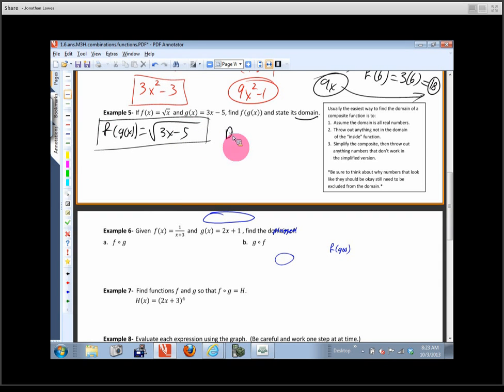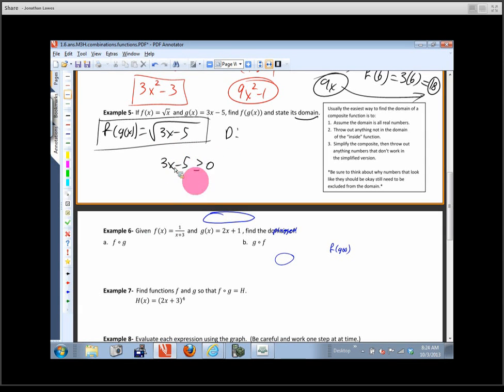Now I need to find its domain. So what function did I start with? So let's look at this original, the inside function. Okay, do I need to throw out anything there? Nope, because that domain is all real numbers. Let's look at this right here. Do I need to be careful with even roots? Yes, I do. I need to make sure that this is always greater than or equal to 0.